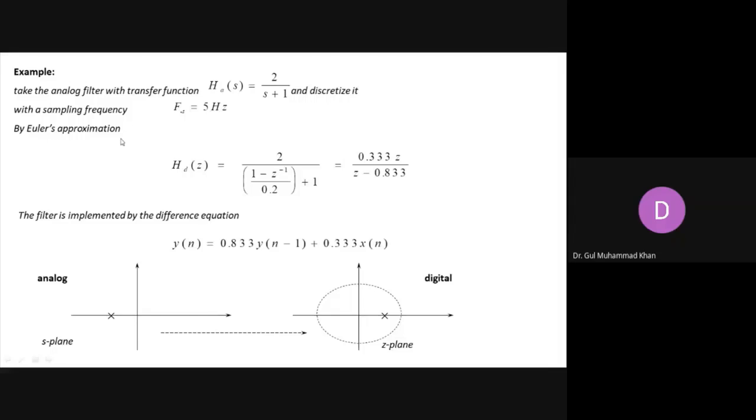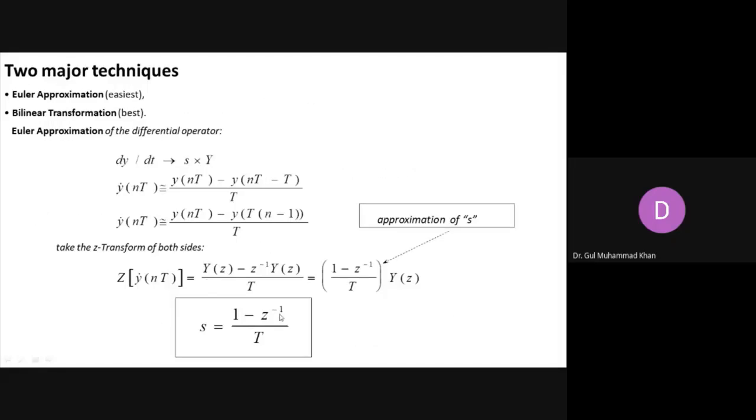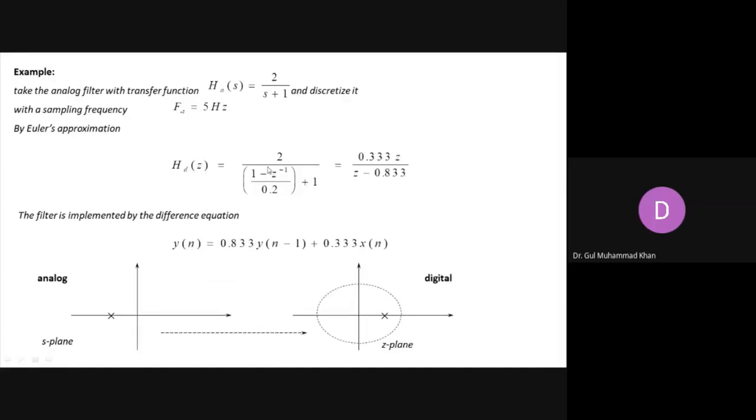So using the Euler transformation, we replace s by 1 minus z power minus 1 divided by T. T is equal to 1 over fs, which is 1 over 5, that is 0.2. So you get this value, plus 1. After rearrangement, you get this transfer function, which you can further rearrange to get the difference equation, which comes out like this.